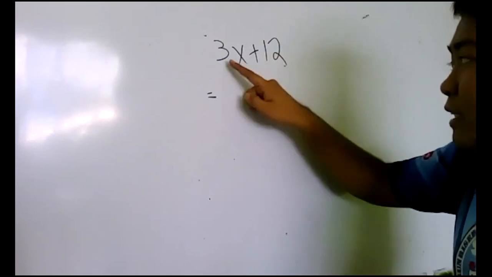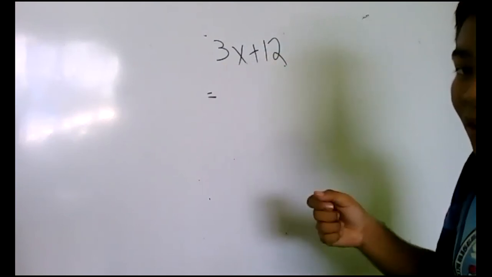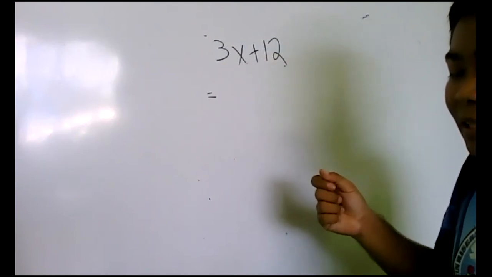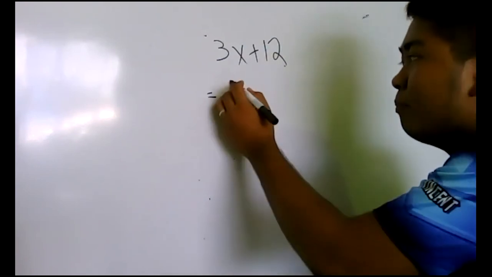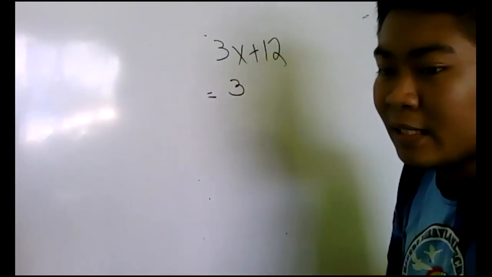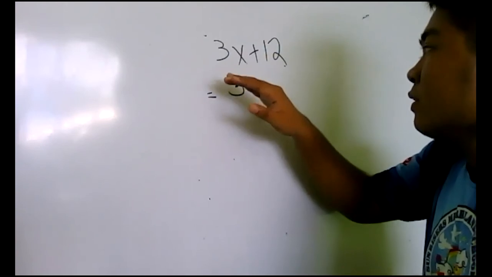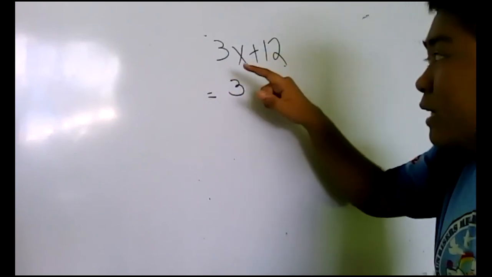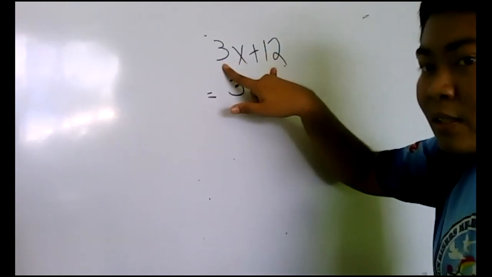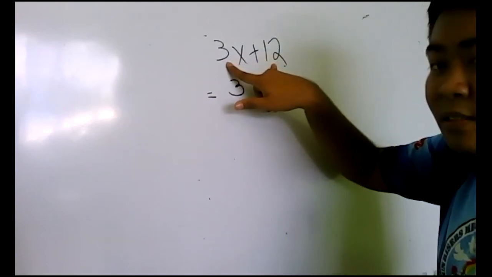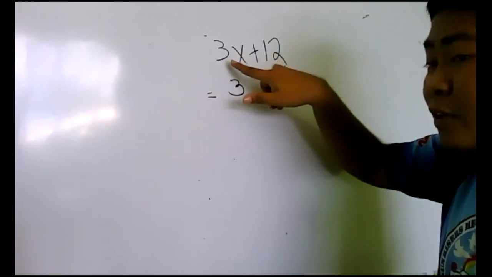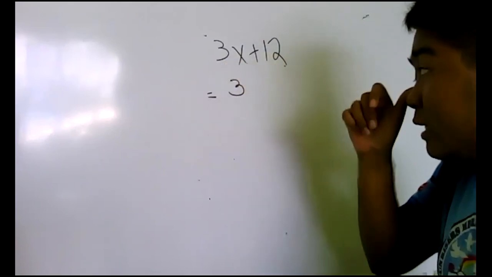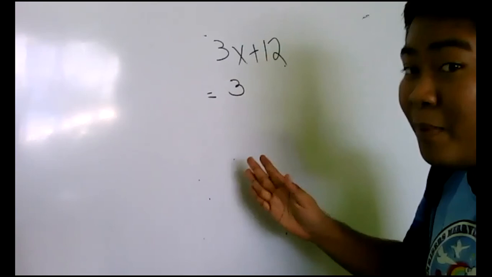So therefore, 3 and 12 are both divisible by 3. Tama? So, in order for you to factor this out, get the common factor for the two terms, then you can now eliminate it.